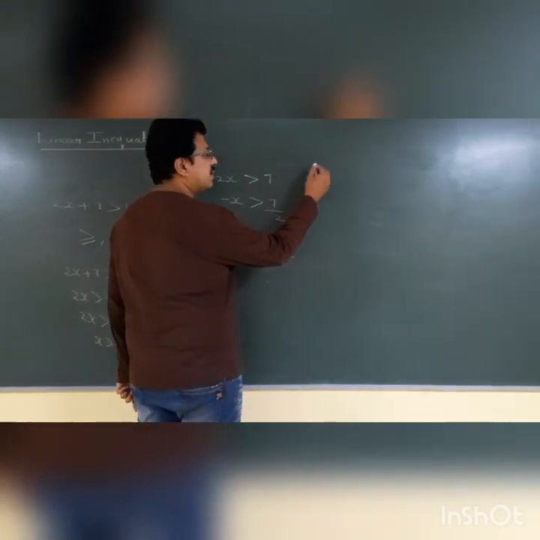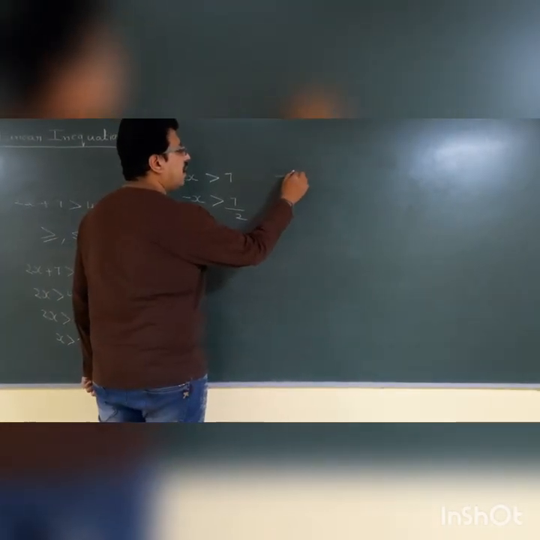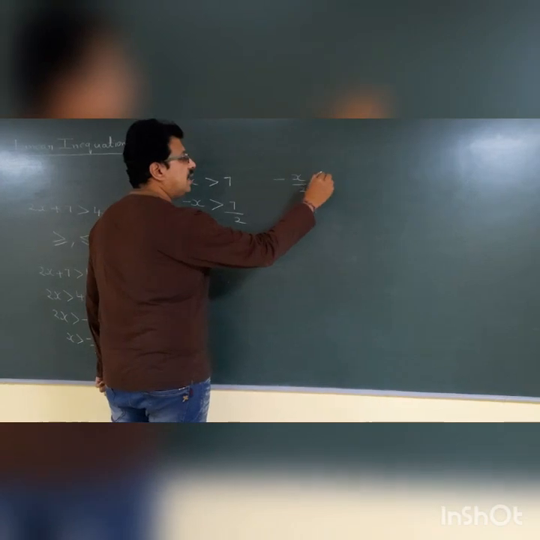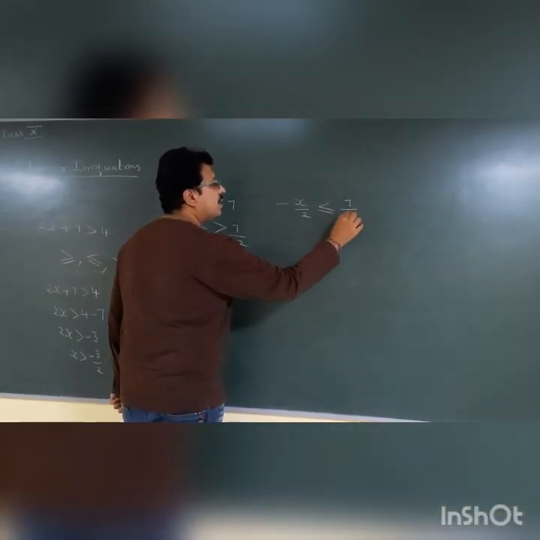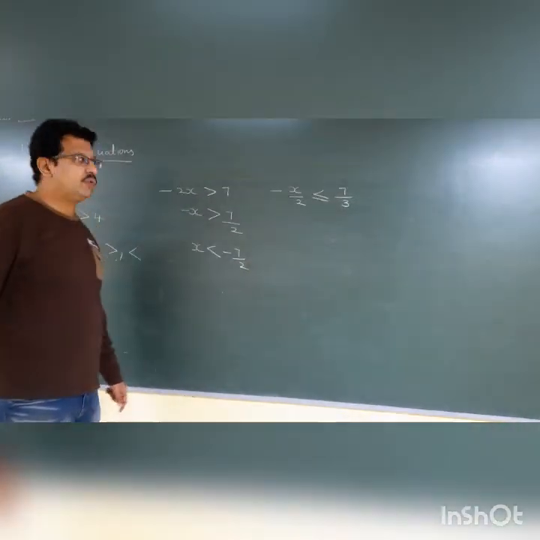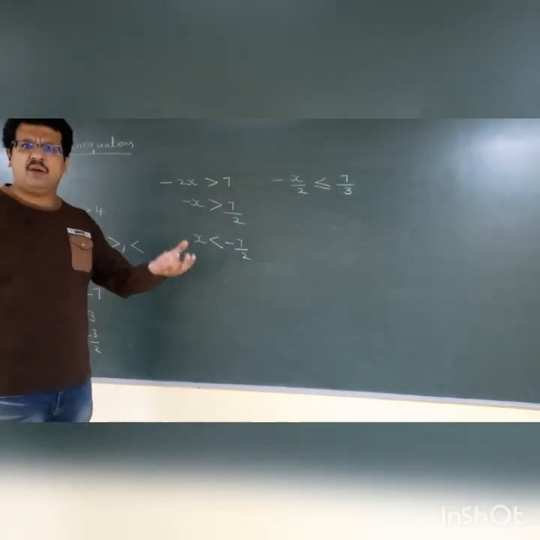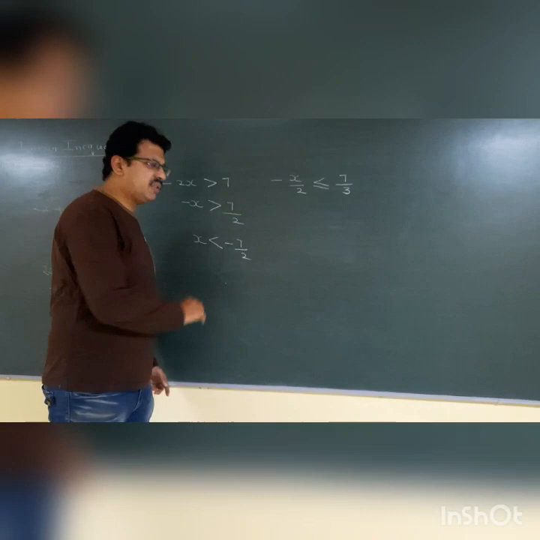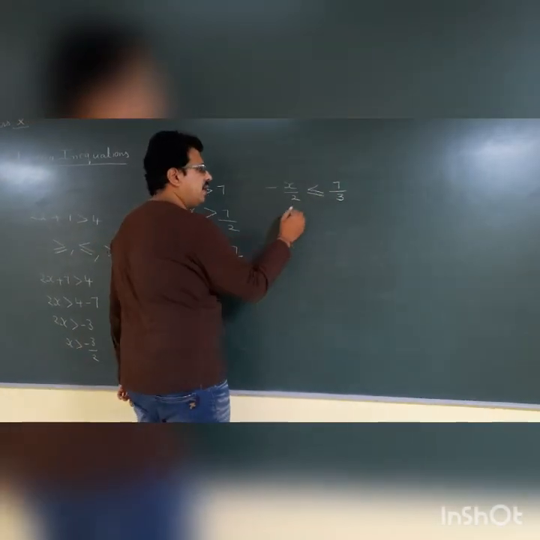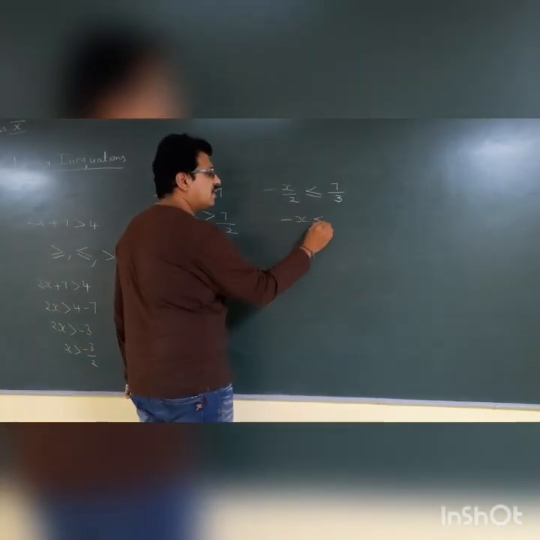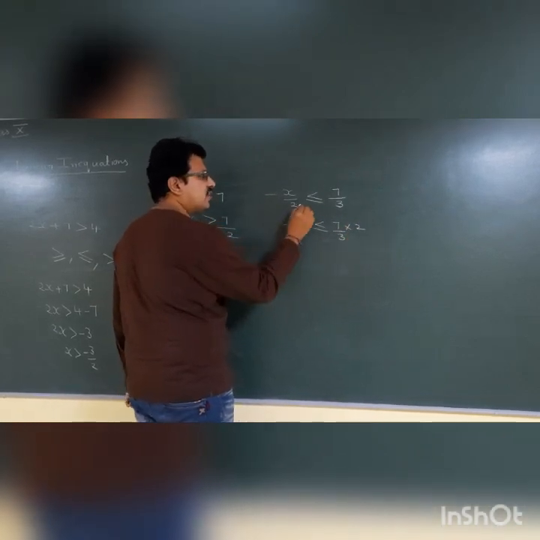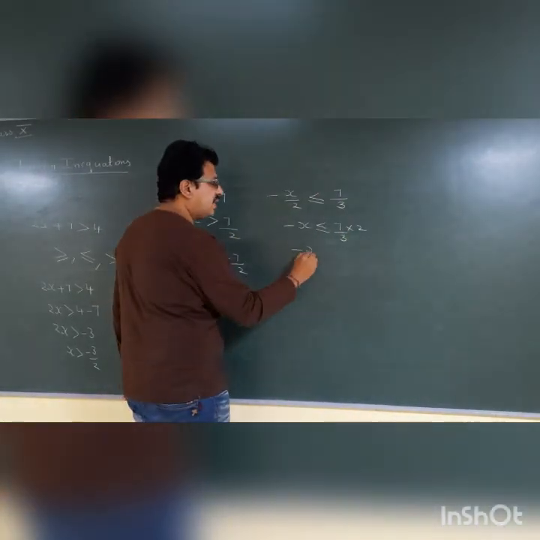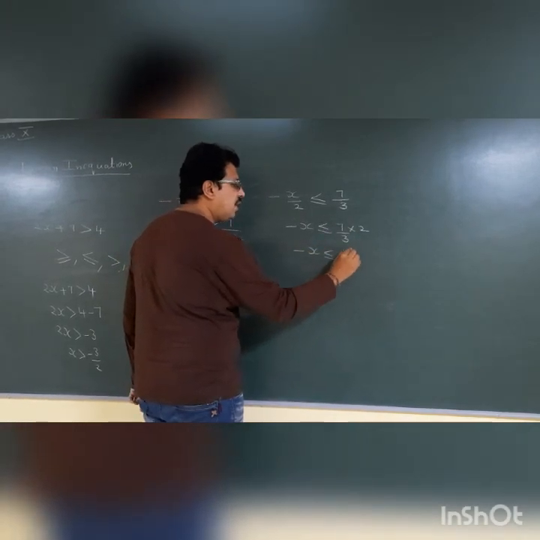For example, if it is minus x by 2 is less than or equal to 7 by 3, here also you do the same as the previous problem. Cross multiply: minus x is less than or equal to 7 by 3 into 2, so minus x is less than or equal to 14 by 3.